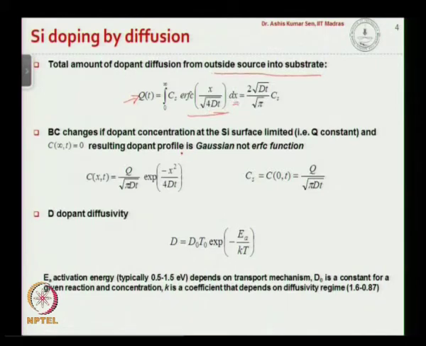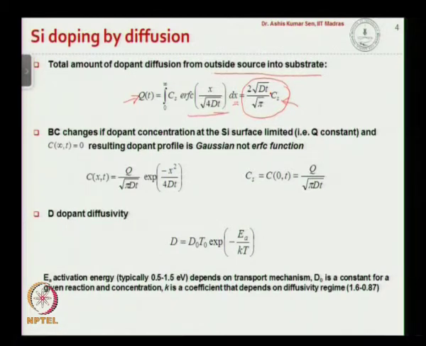So we integrate throughout the depth. If you do that, we get an expression for the total dopant diffusion. So the total dose is directly proportional to the concentration at the surface, and it is also directly proportional to the square root of t, which is time.